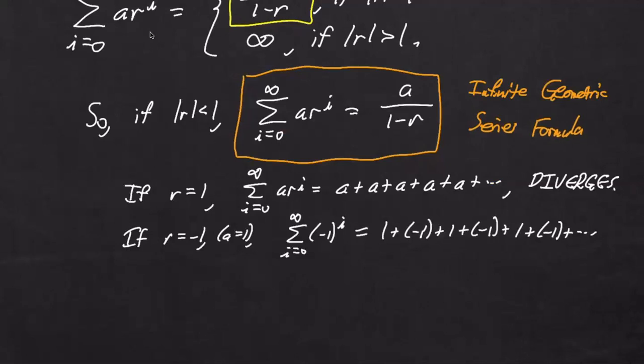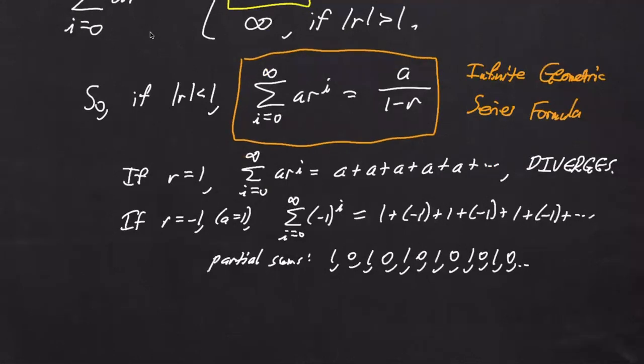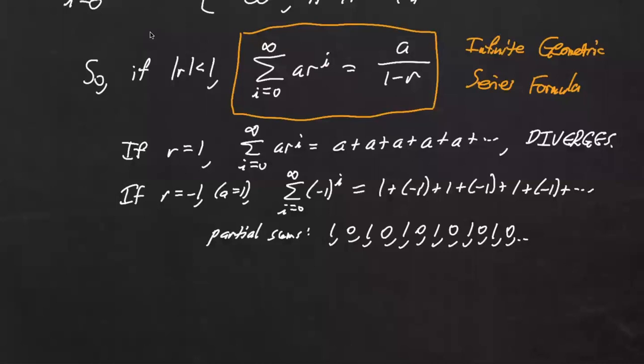If you think about the partial sums, you get 1, but then if you add 1 plus -1, you get 0. And then if you add another 1, you get 1. And then you add another -1, you get 0. And so the partial sums bounce back and forth, and they do that forever. So the limit doesn't exist because it's bouncing back and forth. So this actually diverges also. Even though it's finite, it doesn't go off to infinity, it's called oscillatory divergence, where it just bounces back and forth.